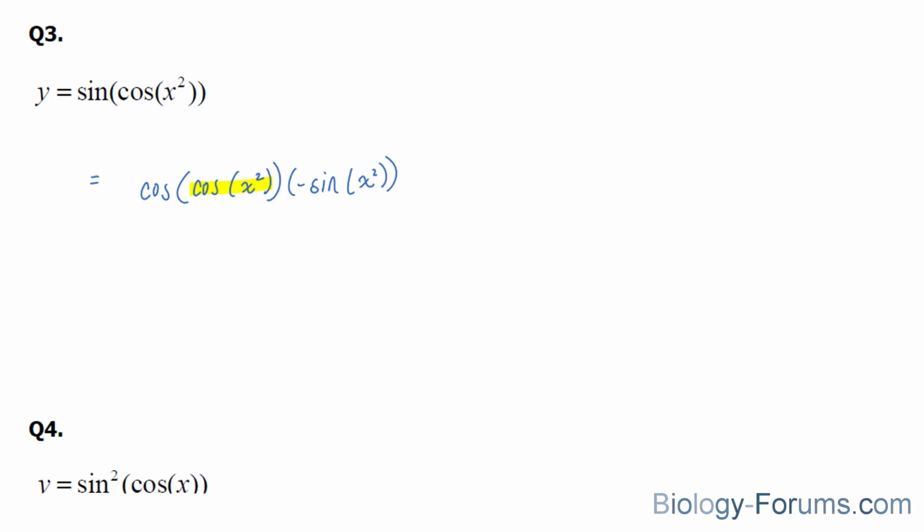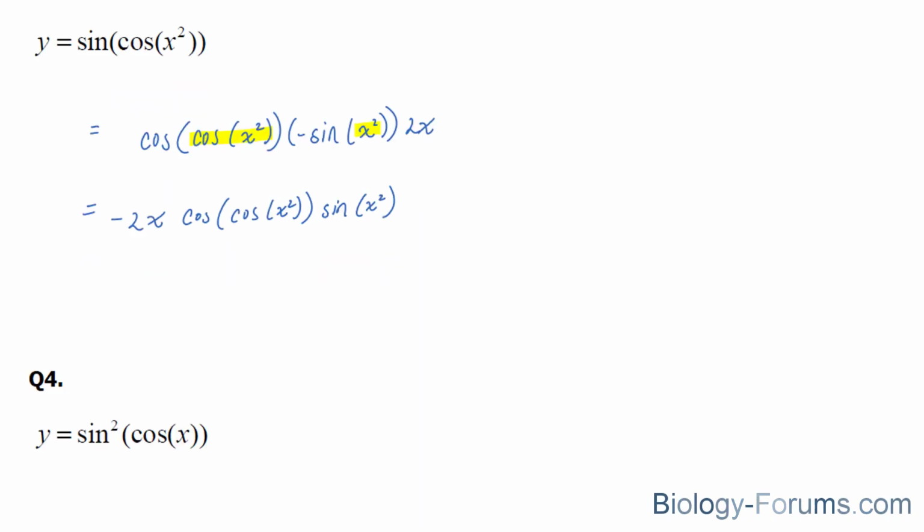And then you'll find the derivative of this as well, which is equal to 2x. So to simplify, I'll bring this 2x at the front. In addition to that, negative cosine x squared sine x squared.